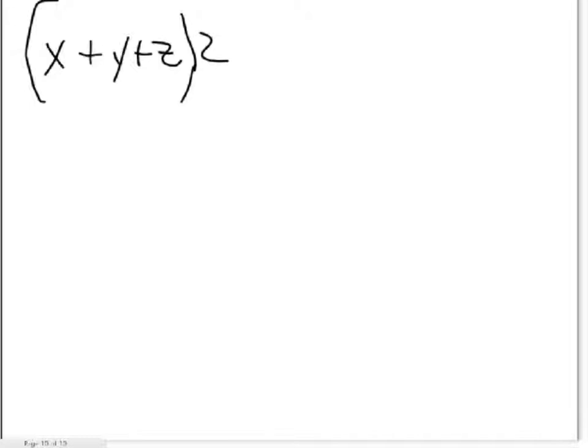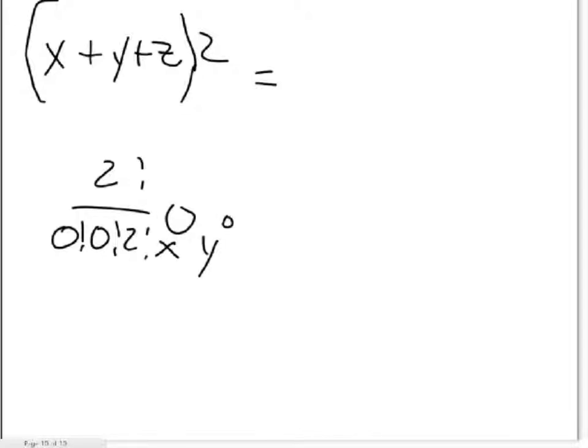Okay, and so then using the multinomial theorem, the first term is going to be 2 factorial over 0 factorial, 0 factorial, x to 0, y to 0. And then every index we just go over 1, and then that's how we get each of the powers to their respective place with their respective integer.